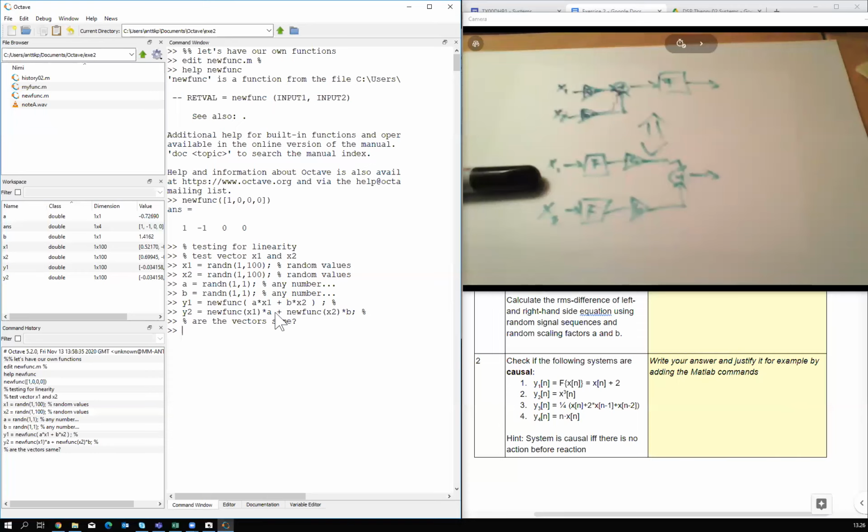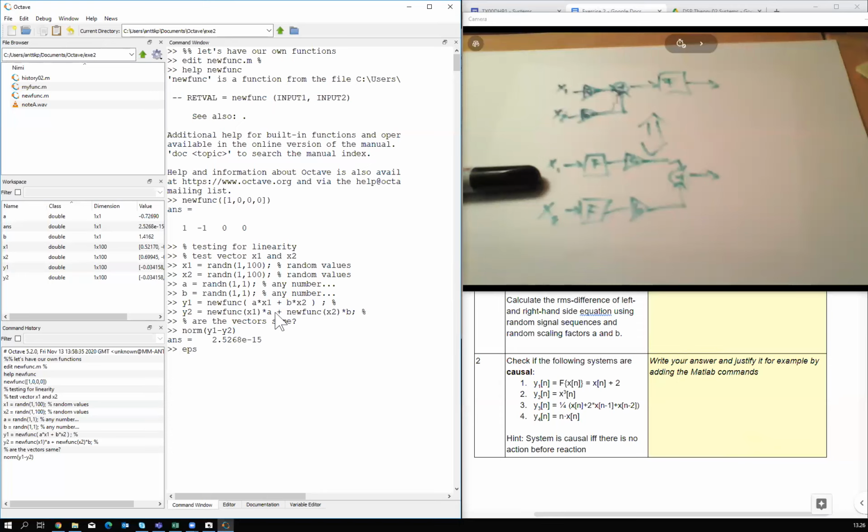Well, we calculate the norm of the difference, y1 minus y2. So this is the distance of these multidimensional vectors. The norm actually is proportional to the distance, and it's not 0. How come it's not 0? It's very small though.